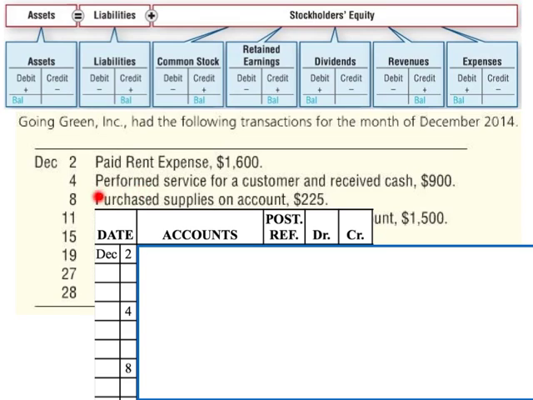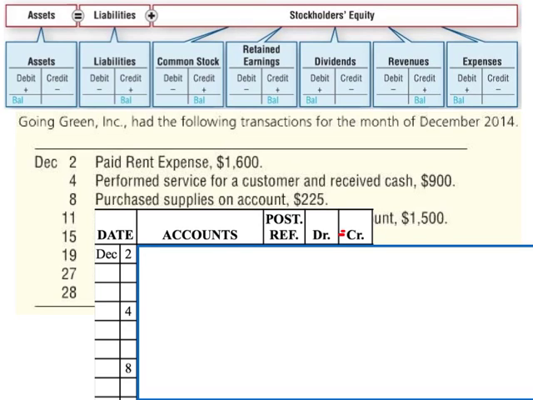We have our general journal, which is right here. I have it somewhat covered up, but you can see the date column, the accounts column, posting reference, and debits and credits column. Now when we do our journal entries, it's important to note that our debits always have to equal our credits.